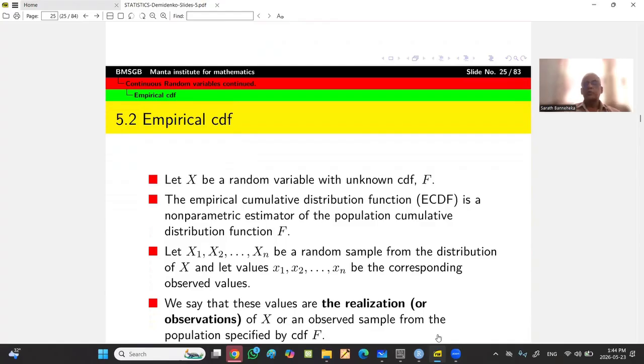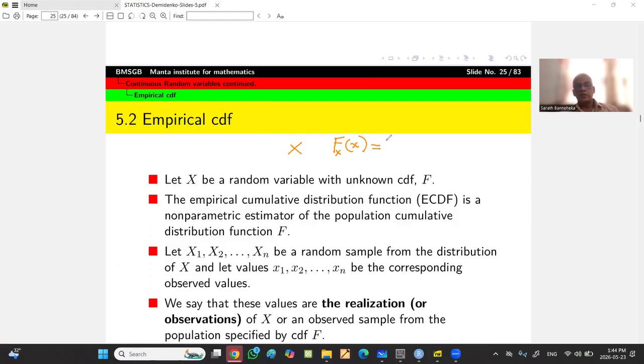The next topic that I'm going to talk about is something called the empirical cumulative distribution function. You already know what the cumulative distribution function is, right? For a random variable X, the cumulative distribution function is denoted by capital F subscript capital X, evaluated at some real number small x.